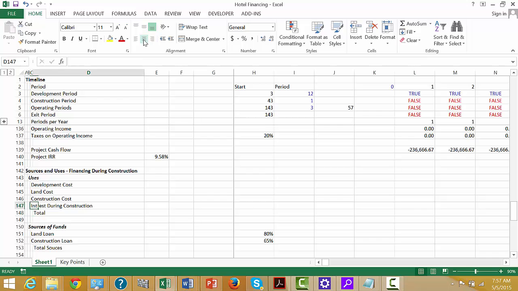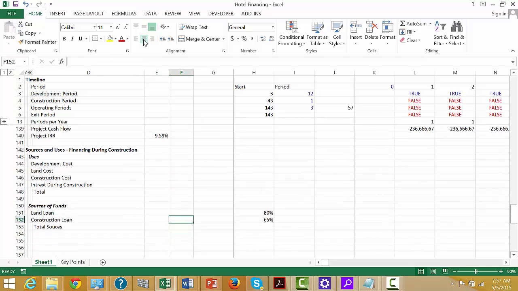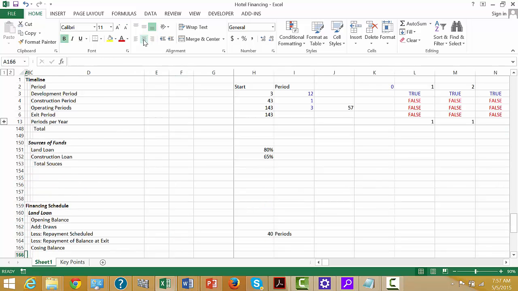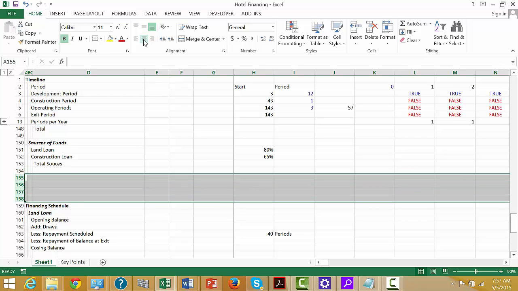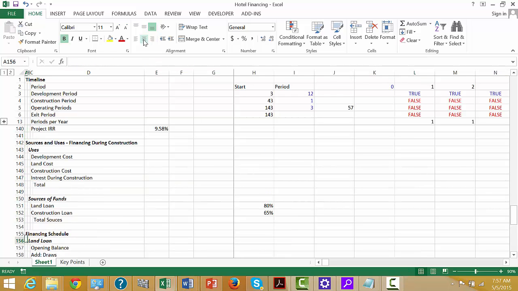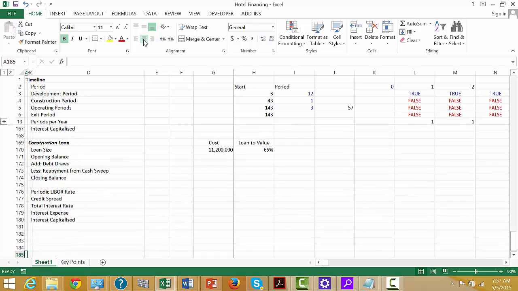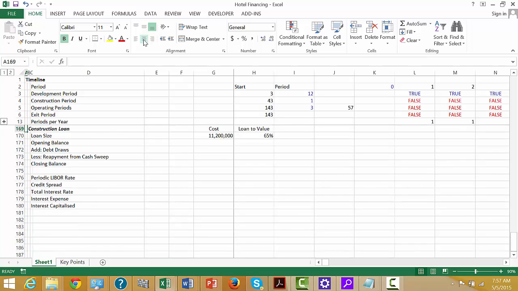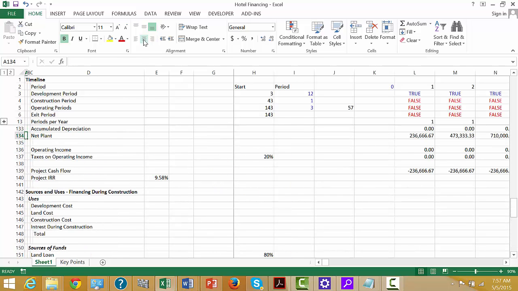We have to finance the interest during construction by equity, essentially. So it's a little bit, I don't know if you want to call it simplistic or distorted, but let's just get these in. Okay, so we have sources of funds, uses of funds, we put the construction loan in and all of that.